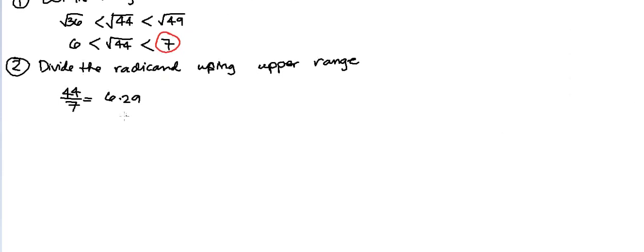Okay? So, medyo malapit na to sa value ng square root of 44. And then, after this one, you're going to add 6.29 or you add the result of step 2 sa result ng step 1 natin, yung average.